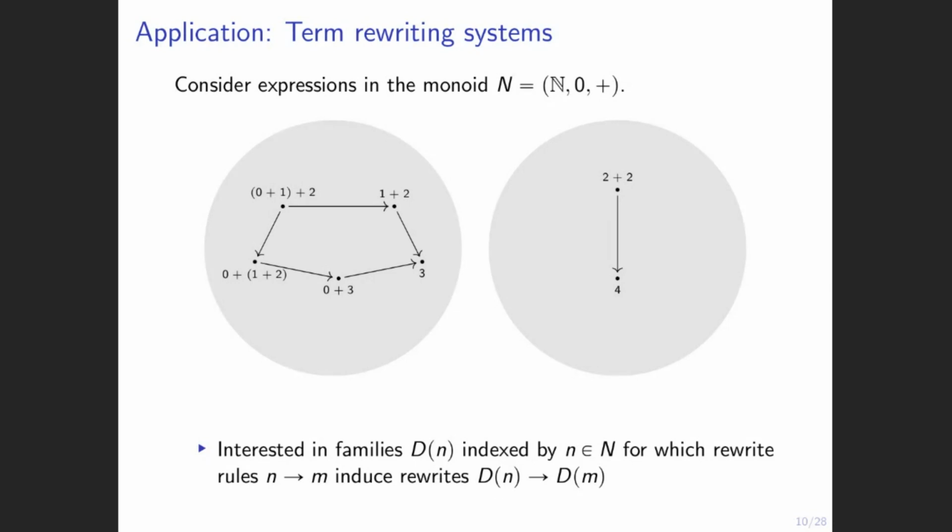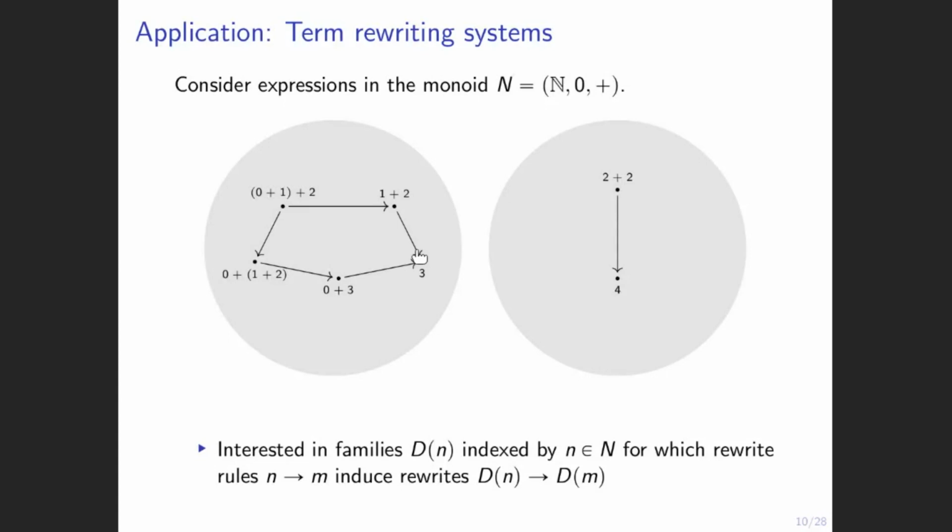So then the natural numbers become not just a set, but a kind of directed space where these guys are our points and these arrows are our allowed directed paths.